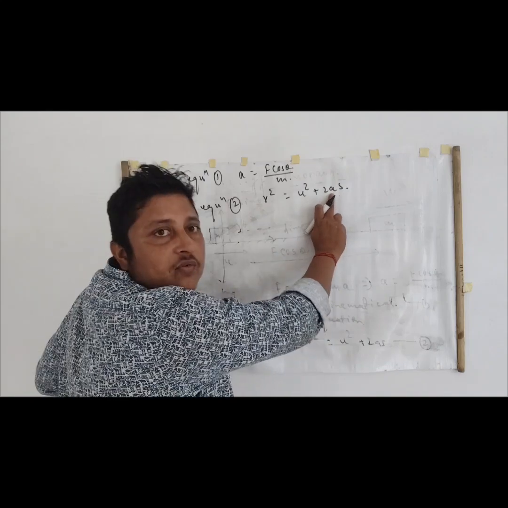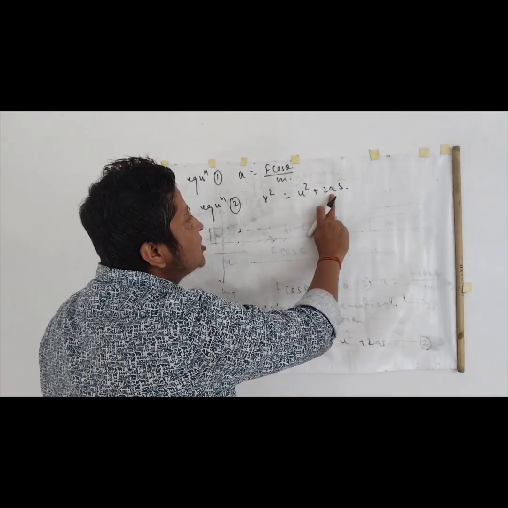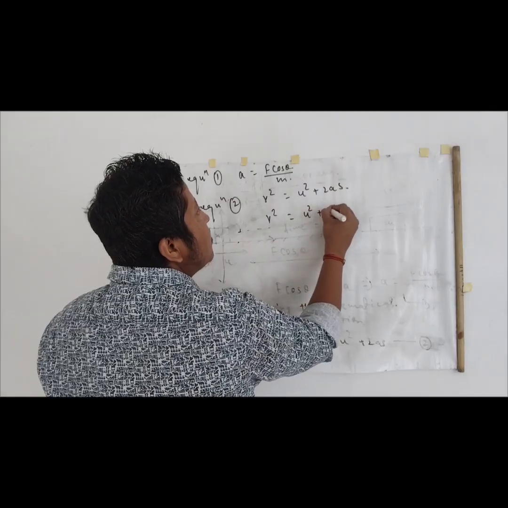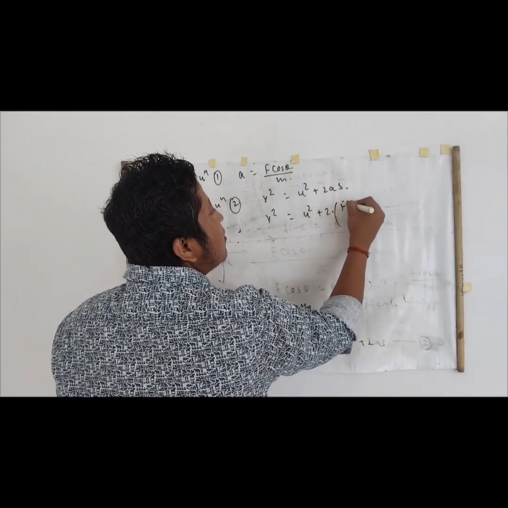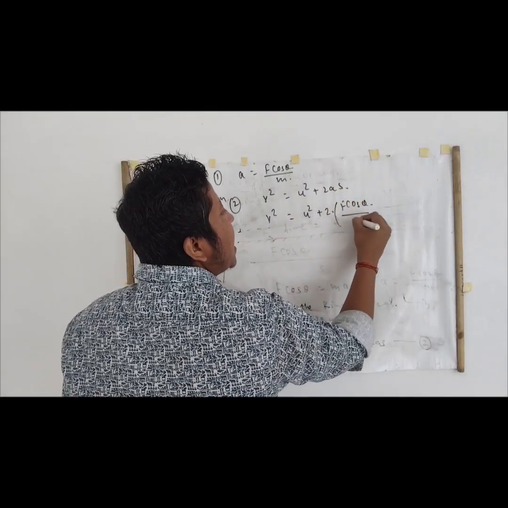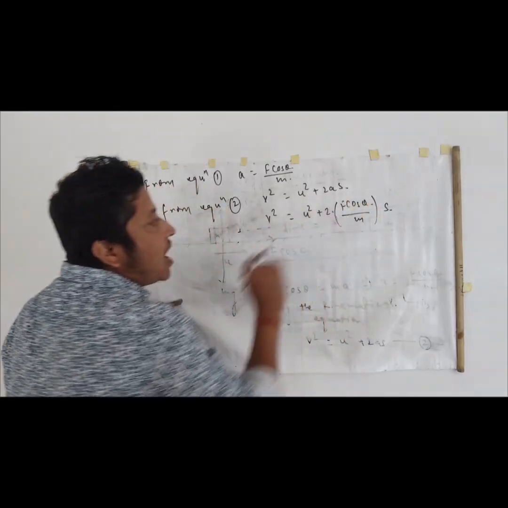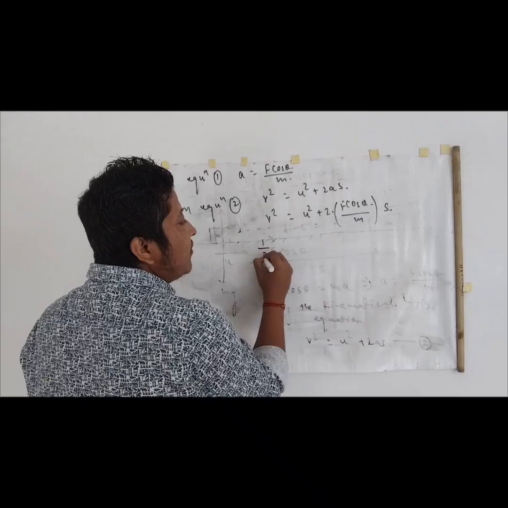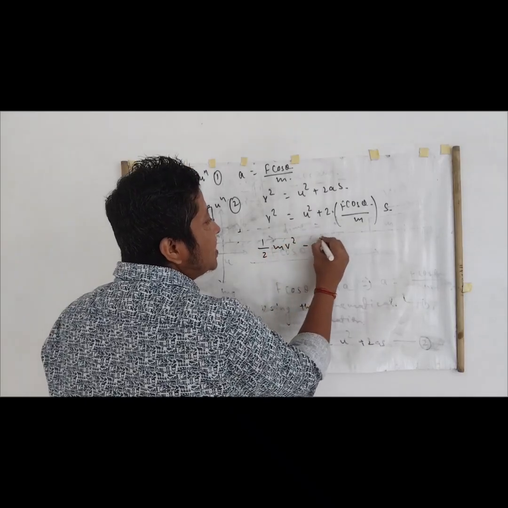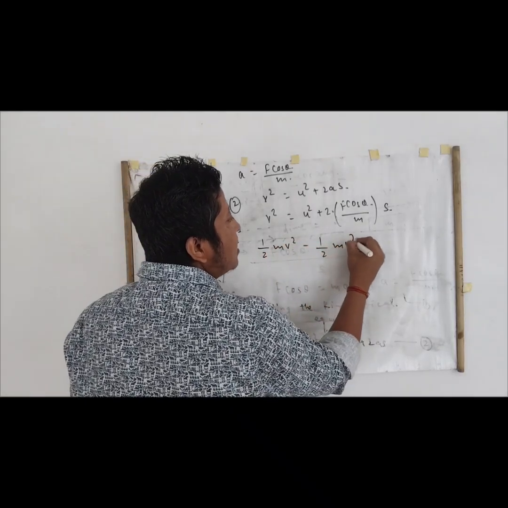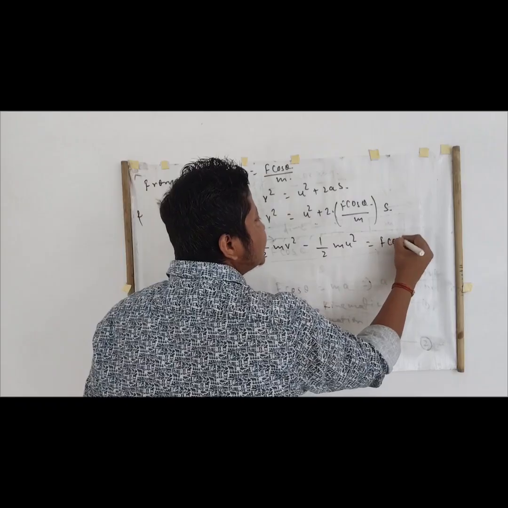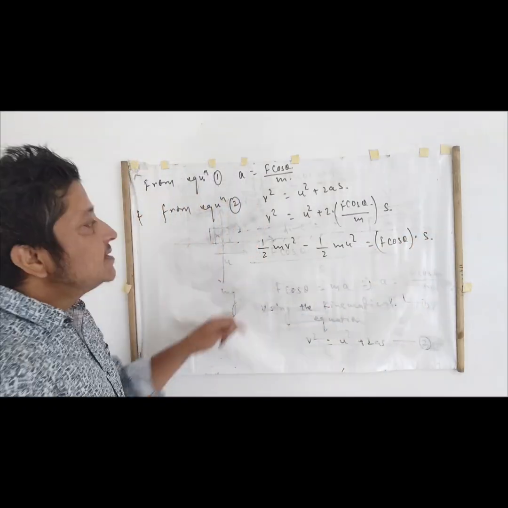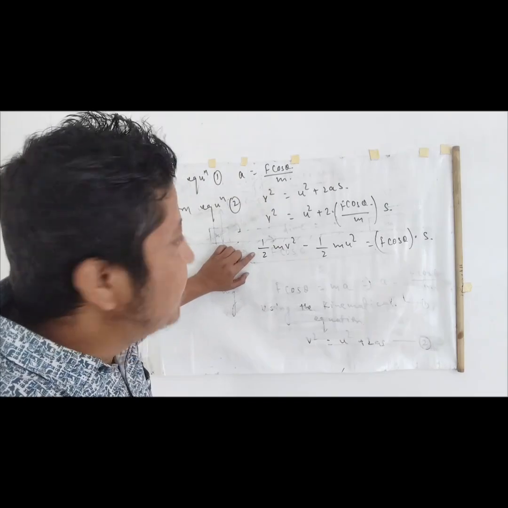Putting the value of acceleration in equation 2, we can write v square is equal to u square plus 2 into F cos theta divided by m into s. After simplifying, we get half mv square minus half mu square equals F cos theta into s. This is the new interpretation of the equation.